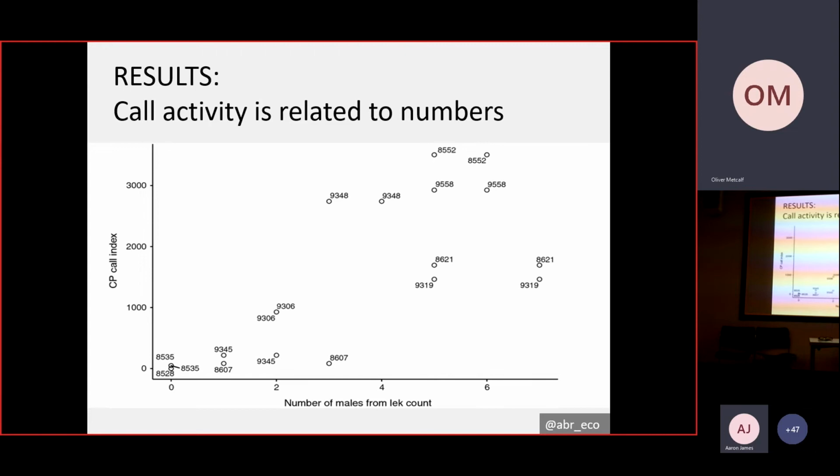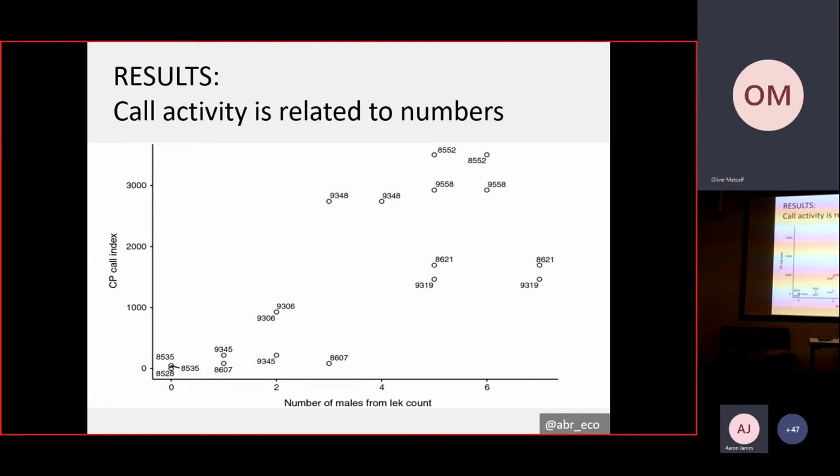One thing that we wanted to work out was whether we can use very, very simple maths, not occupancy modelling or anything else, to record the numbers of calls per site and relate that to the numbers of birds.